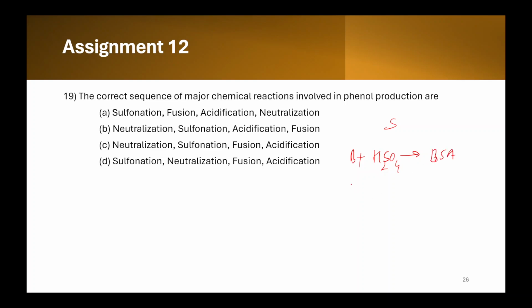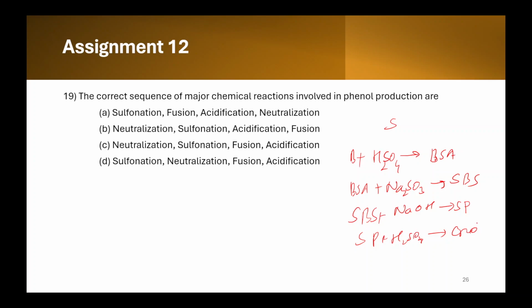Then this benzene sulfonic acid reacts with sodium sulfite, Na2SO3. This is neutralization, and it gives us sodium benzene sulfonate. Then sodium benzene sulfonate fuses with NaOH to give us sodium phenoxide. Then sodium phenoxide plus again H2SO4, and SO2 is also used, I guess, gives us crude phenol. The rest are separation processes, but these are the major chemical reactions.